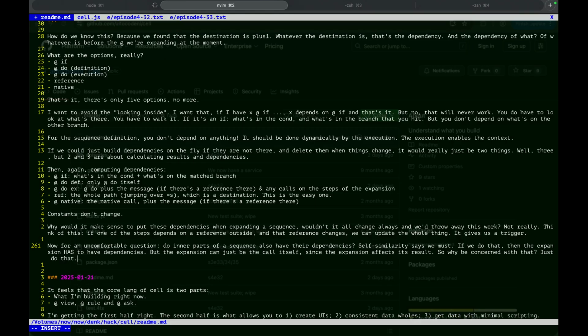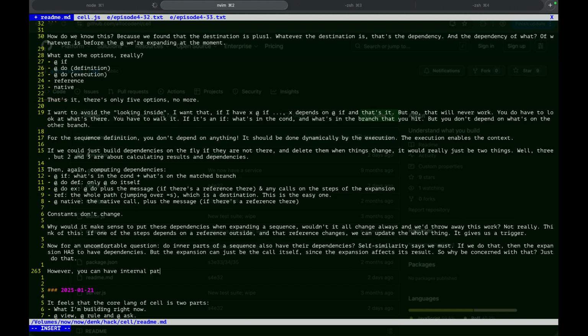Just do that. However, you can have internal paths inside the sequence that require their own dependencies.